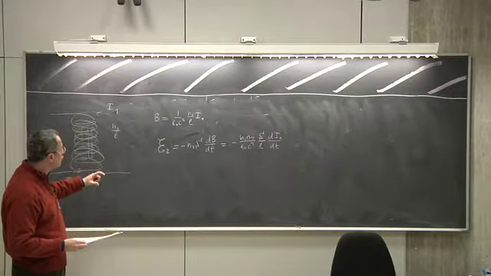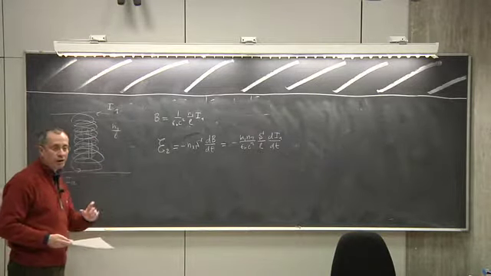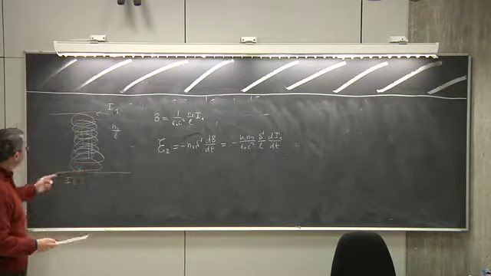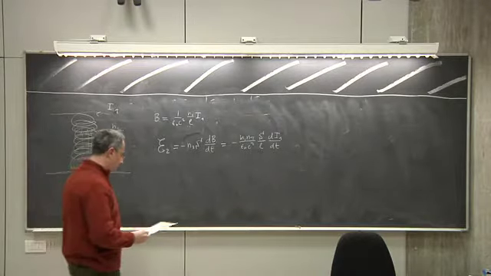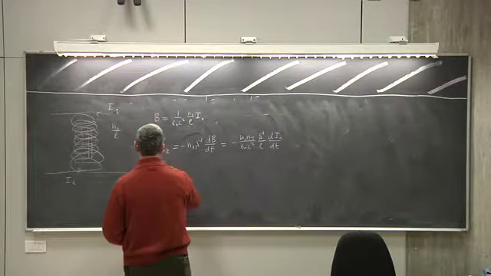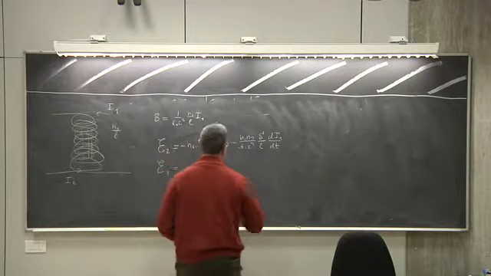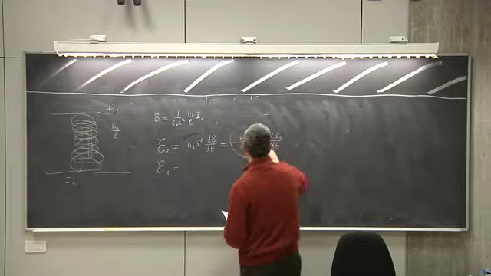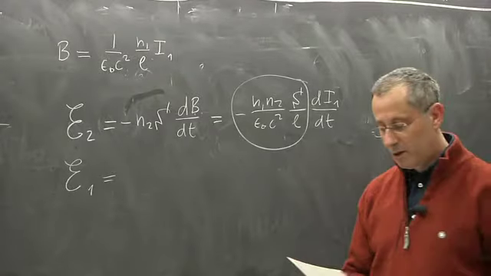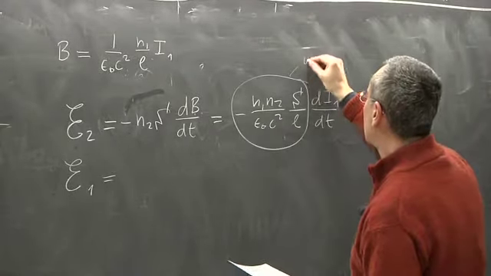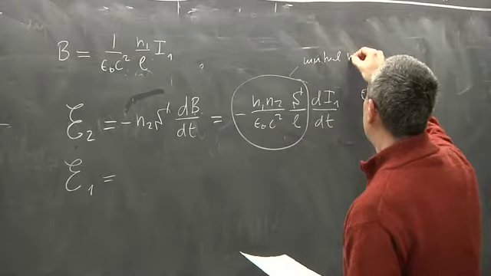So this is called mutual inductance, right? Because you are inducing something in the other coil through the variation of the magnetic field. And you understand that it is reciprocal, right? I can write as well a 1 here. So this is a constant that only depends on the geometry of your coil. This is called the mutual inductance.